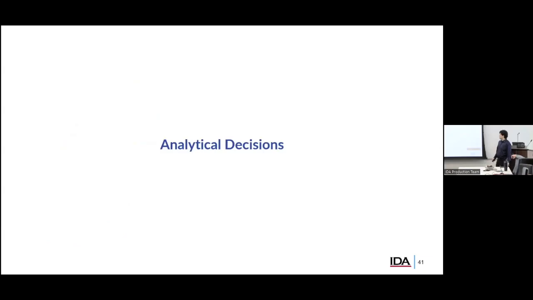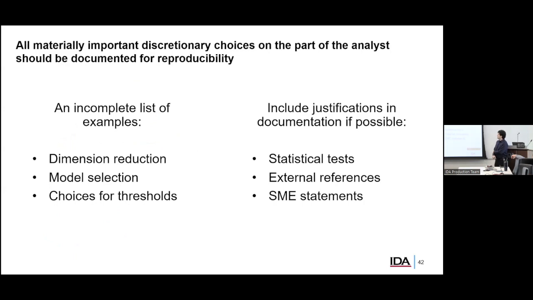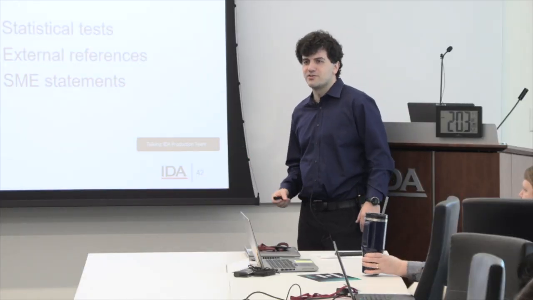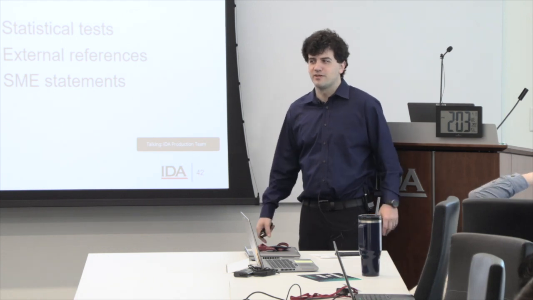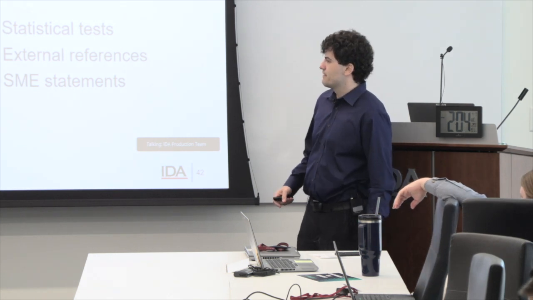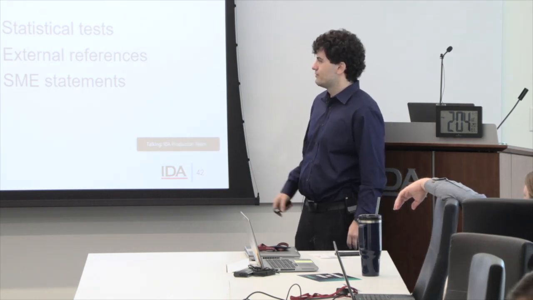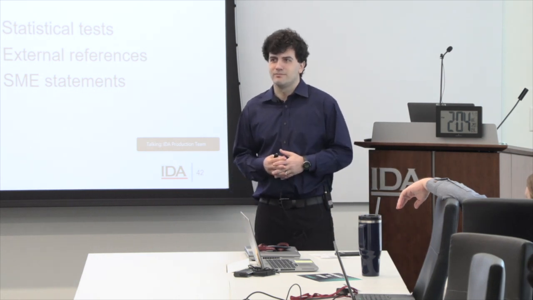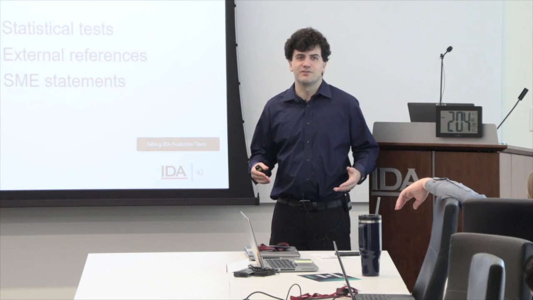Okay, analytical decisions. Any discretionary choices that you made should be documented. An incomplete list would be, if you perform, say, a dimensionality reduction on your data, such as principal component analysis, you obviously want to document that really well. Model selection, right? Let's say you're using, hypothetically, a language model to do some of your data processing.